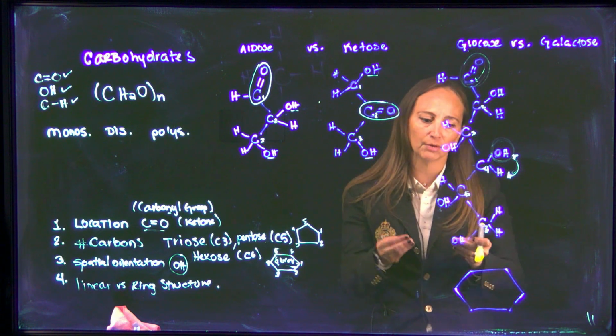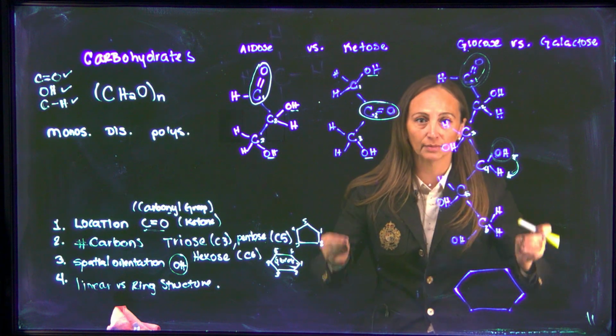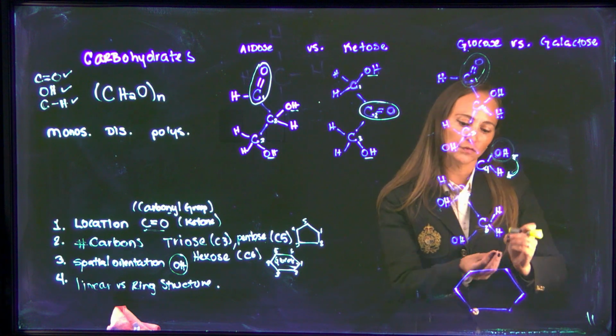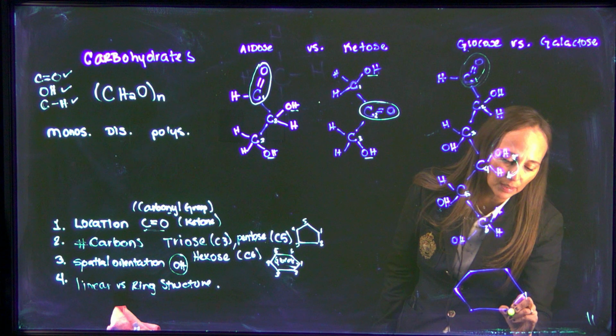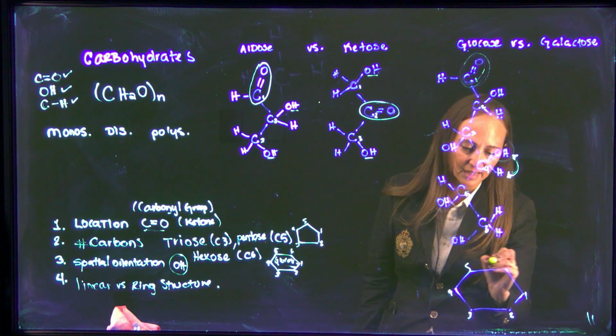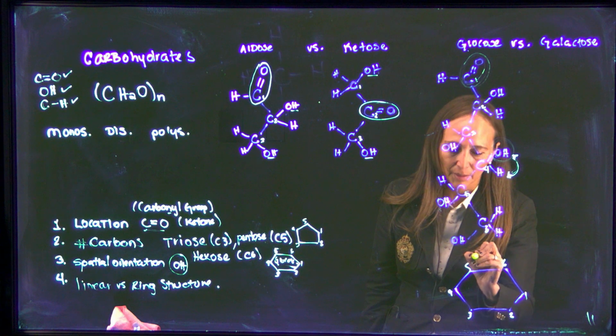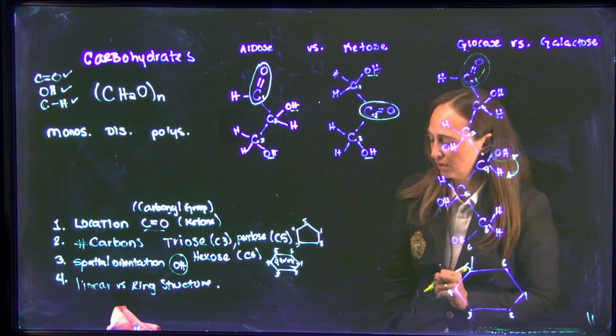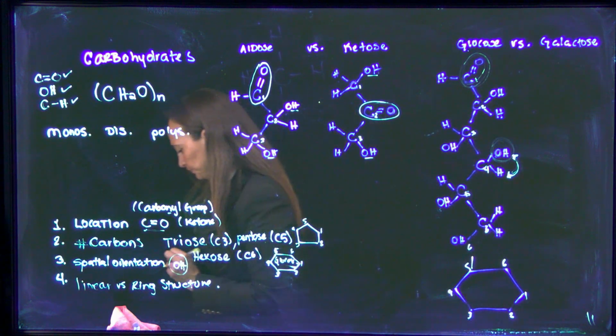So if I connect them in a circular form, I have carbon number 1, 2, 3, 4, 5. Technically we have the 6 right there, but it's always going to be over here, facing outward.